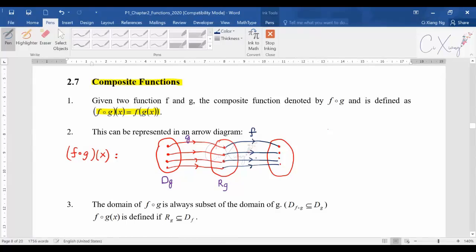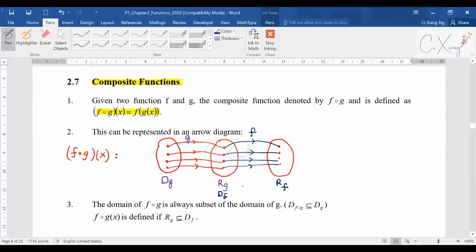If you look at this blue function for f, this set now is the domain of f, because this is where the function f starts. So this is the domain of f, and this is the range of f. Sorry, range of f, not g.